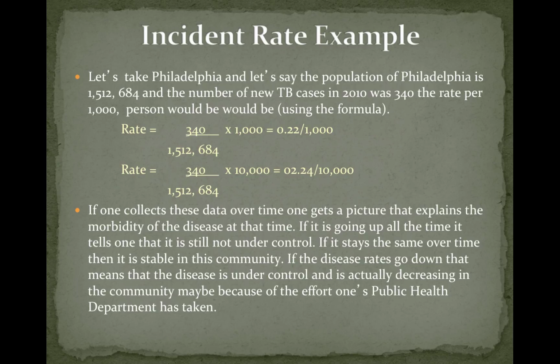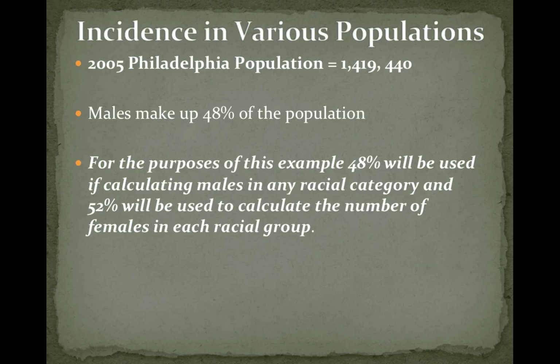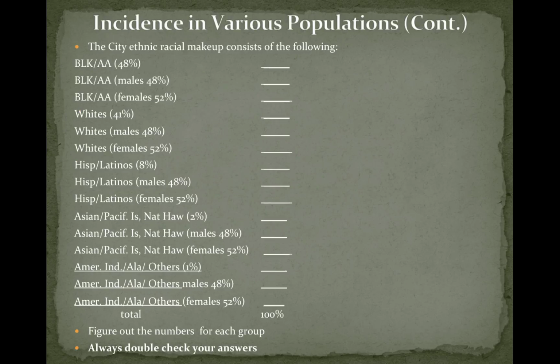Okay, so let's take a look at an example. We have the population of Philly, and we're told that males make up 48% of the population. We're going to see something very similar to this on our test. I have another document uploaded under this week's course material, a supplement to this PowerPoint presentation.